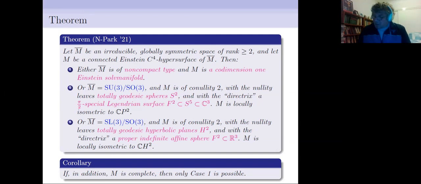Right, a short comment before I go to the next slide. This is about the smoothness condition. Here we require C4.